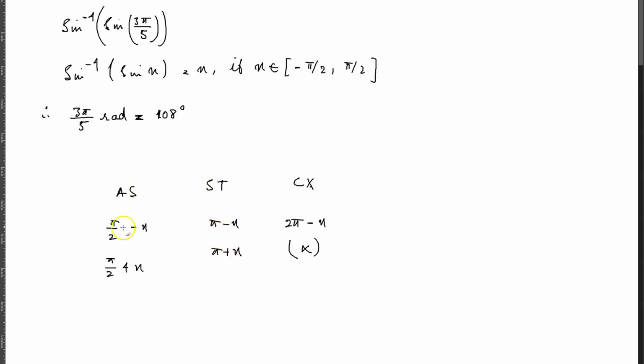So now if I use pi by 2, anything like pi by 2 minus x or pi by 2 plus x, then sine becomes cos, and then of course I could not take the sine inverse of cos. That would be a problem for me. I could either use pi minus x or pi plus x, and I could use 2 pi minus x.